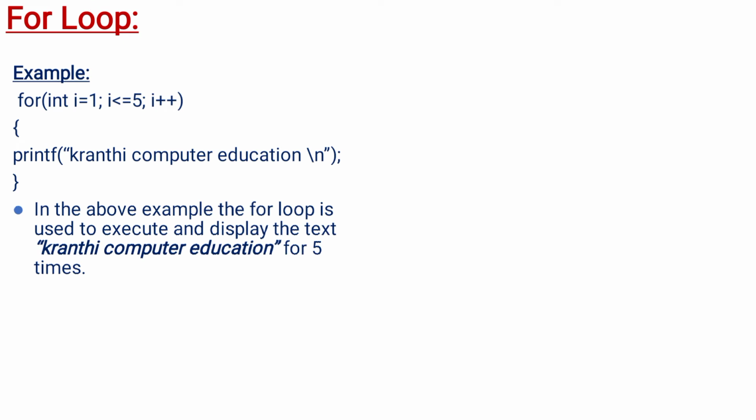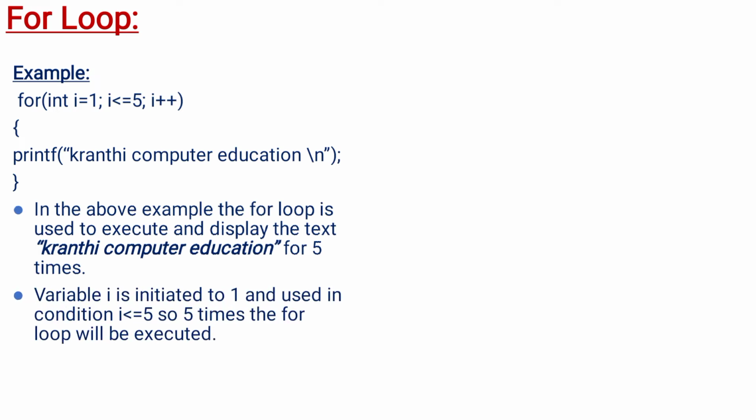In the above example, the for loop is used to display the text Kranti Computer Education 5 times, because we initialized the variable i with the value 1, and we check that value up to 5, until it reaches 5 by using the increment operator. The variable i is initialized to 1 and used in the condition i less than or equal to 5.